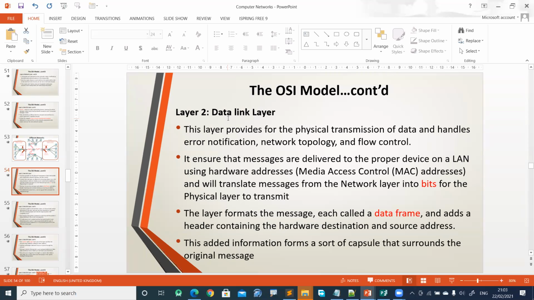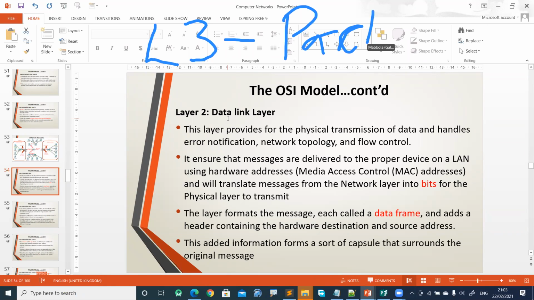It will translate messages from the network layer into bits. The network layer is layer number 3, and here these are packets. For layer 2, these are frames.